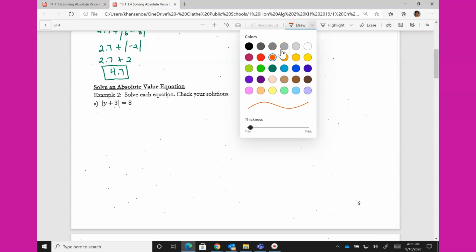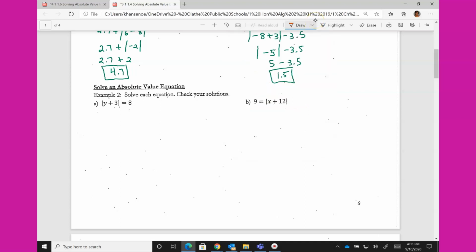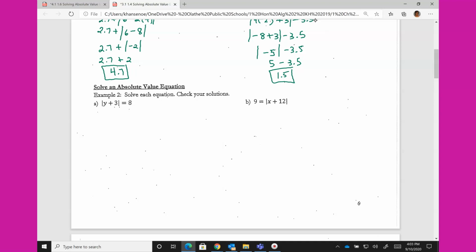All right, so now we have absolute value equations. What I need you to remember is when we're doing absolute value equations, you always have 2 equations.